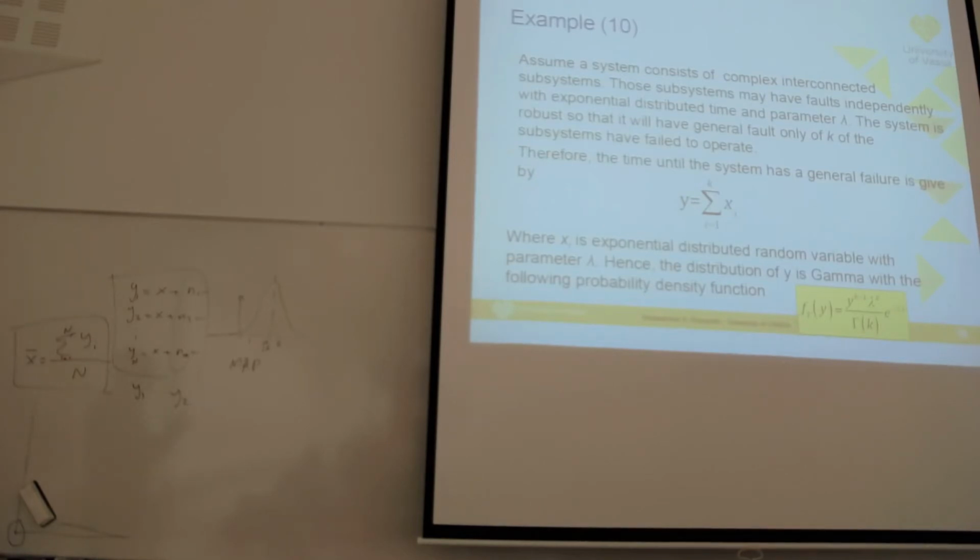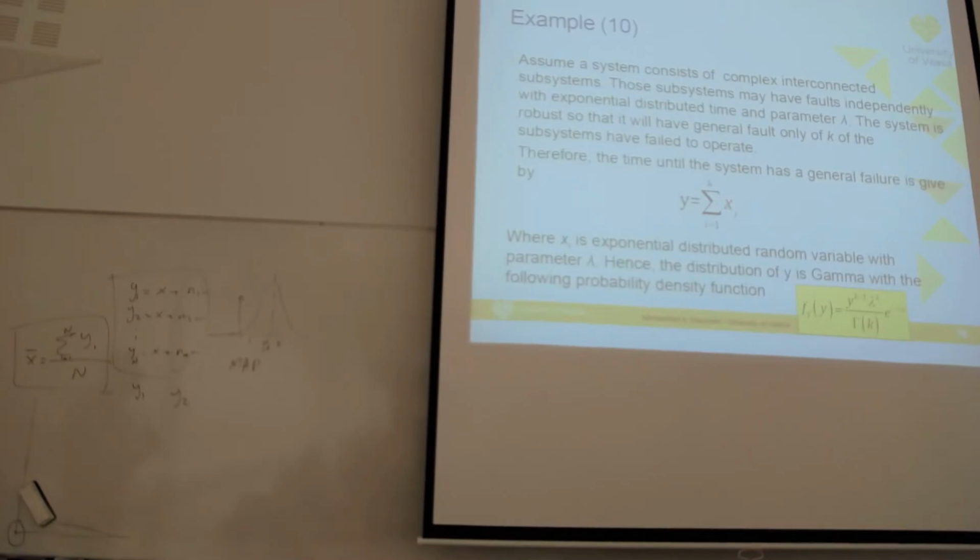It is like in airplanes, for example. So in that case, we have some system, and we assume that the failure rate for each subsystem is lambda, but the whole system will fail if k of the subsystems have failed to operate. Okay, and then the time of failure is given as xi.